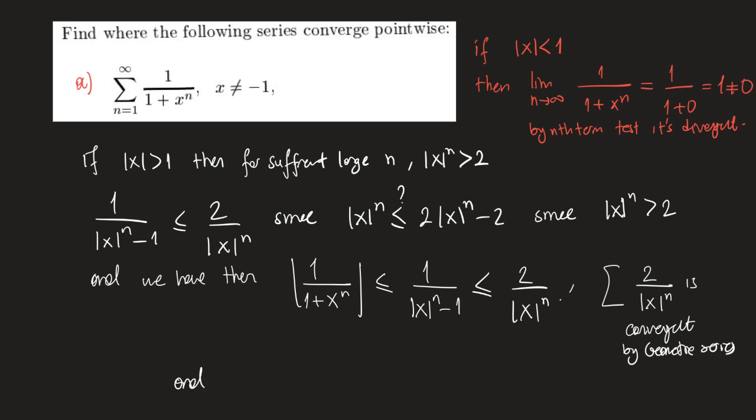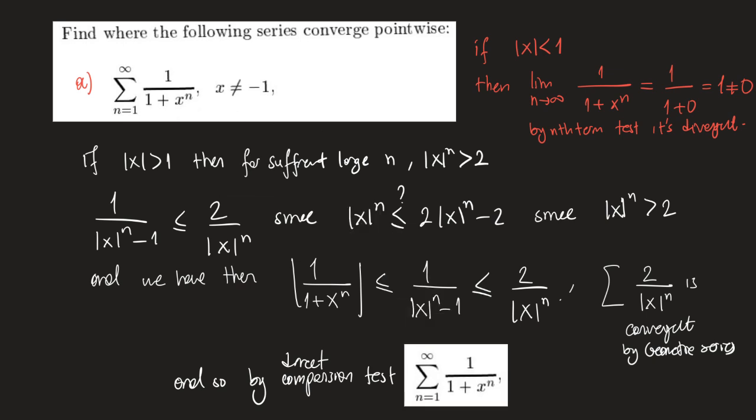And so by the direct comparison test, the original series, I mean this one, is convergent. So my pointwise convergence is true for the magnitude of x strictly bigger than 1.